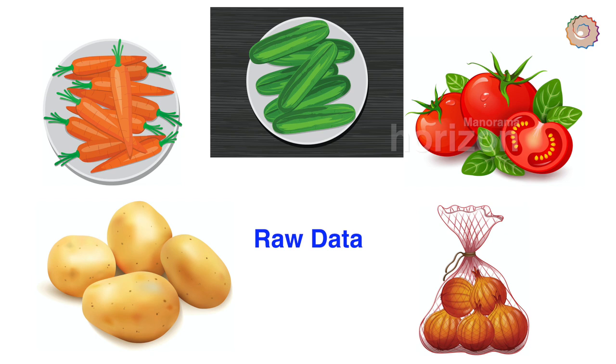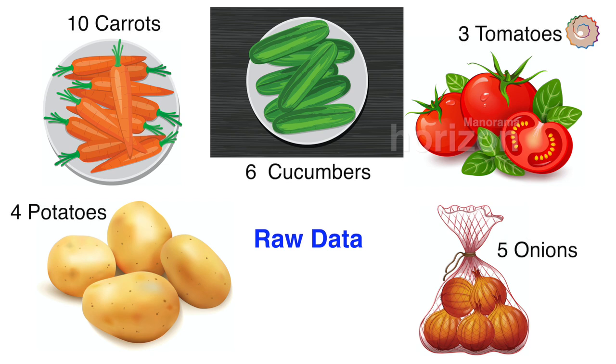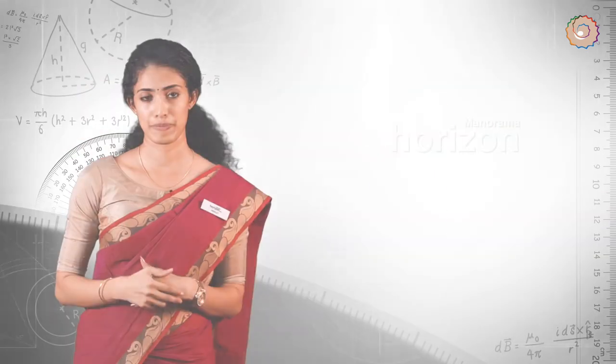Having collected the data, now I need to present it in a manner where I can pick any vegetable easily. So here I've got a count of all the vegetables in the basket and have named them specifically with their respective counts, like 10 carrots, 5 onions, 6 cucumbers, and so on. This implies that I've presented my data neatly.